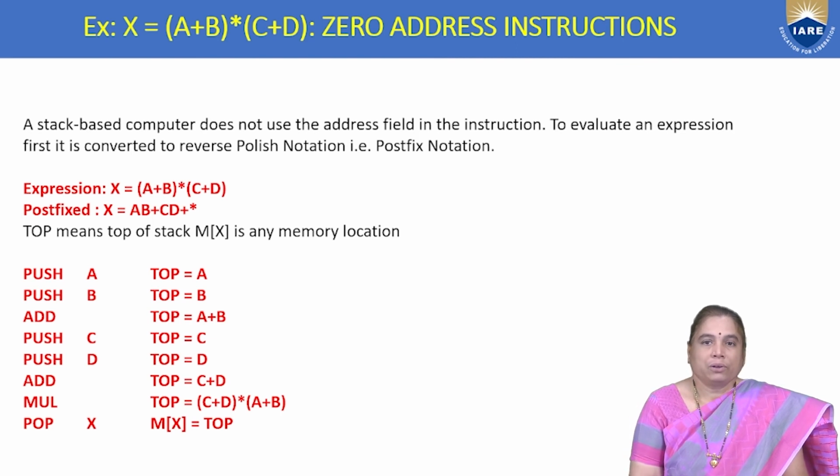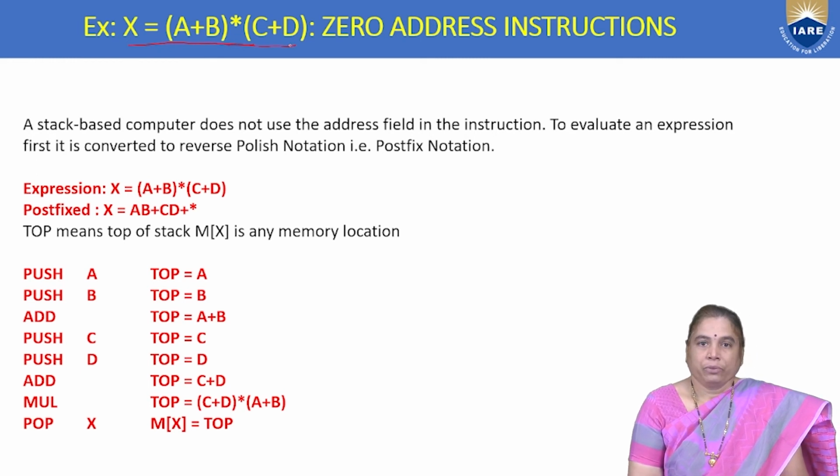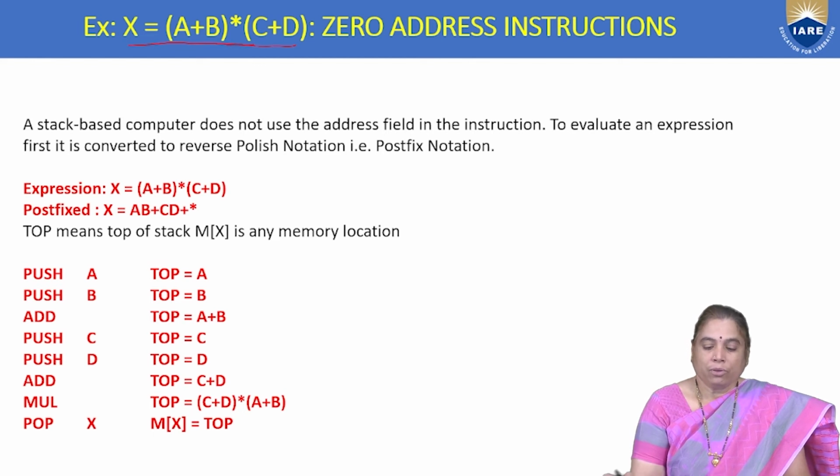Now, with the help of these instruction formats, we can evaluate one expression, that is X = (A + B) * (C + D). We will discuss how this expression evaluation can be carried out with various categories of instruction format. In the zero address instructions, a stack based computer is used, so no explicit address can be specified here.